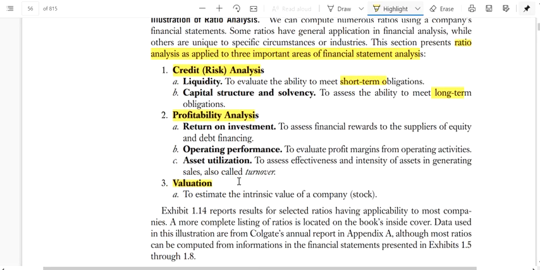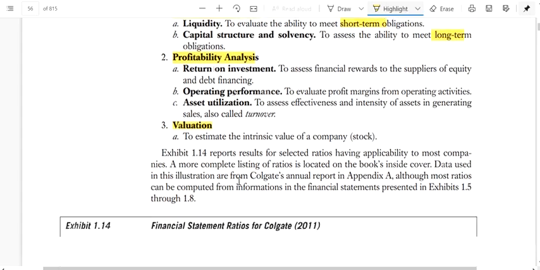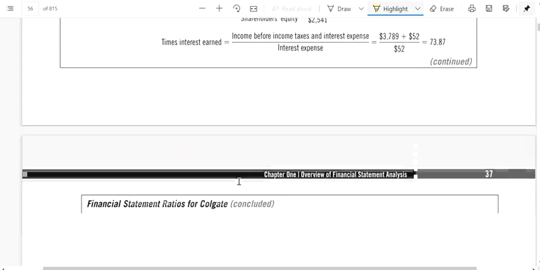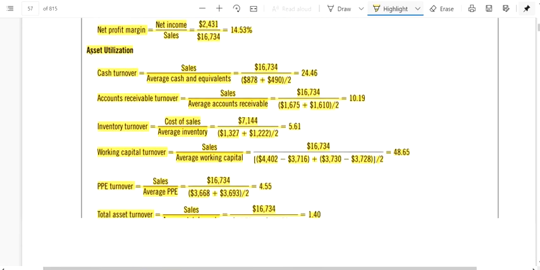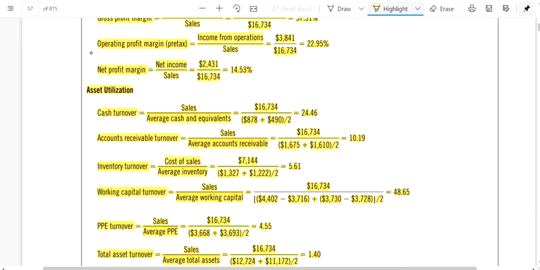Asset utilization is to assess effectiveness and intensity of assets in generating sales, also called turnover. So, inilah ROI. Okay, so kira ROI kita ada return asset, return on common equity. So, kita ada operating performance, asset utilization. Ini ada profitability analysis.